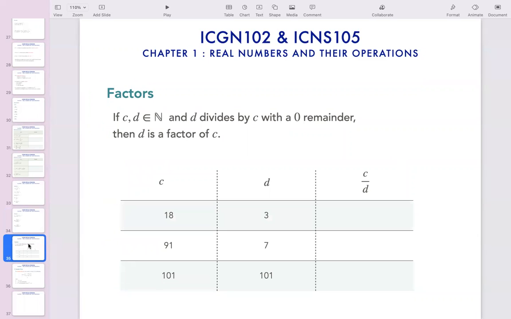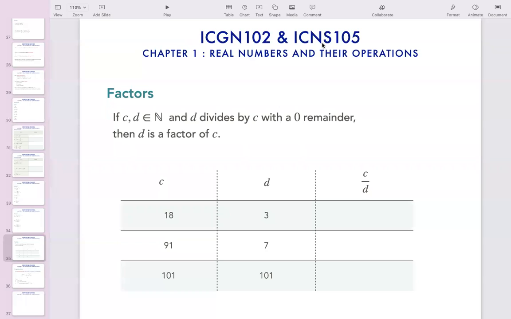When we talk about factors, if C and D are positive integers, and C divided by D has a zero remainder, then we call D a factor of C.